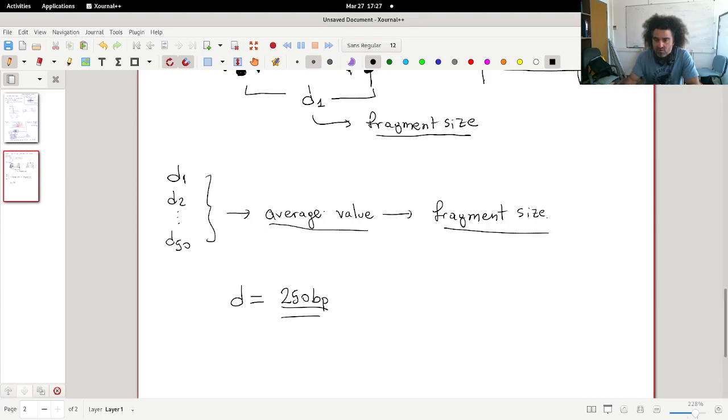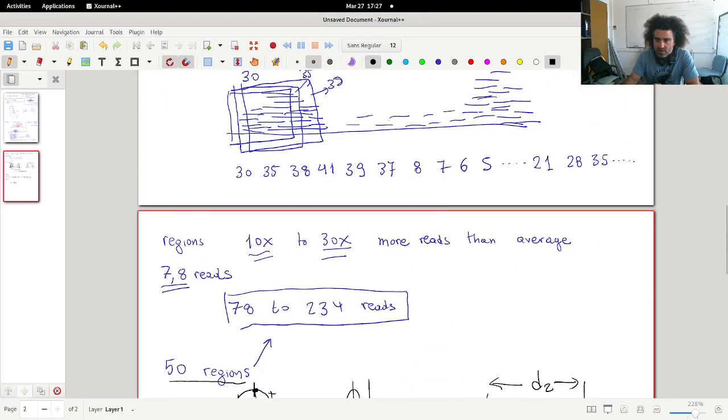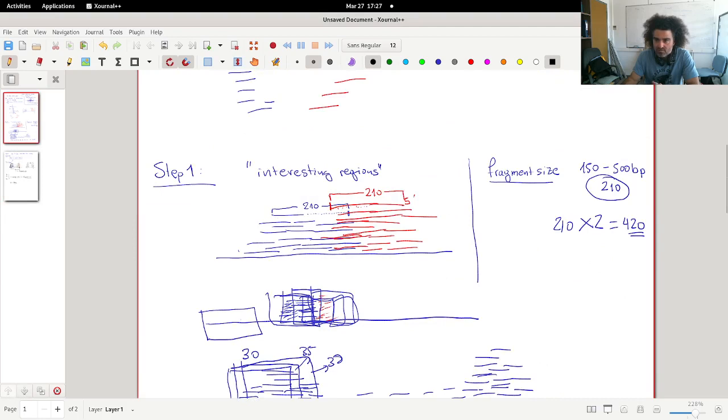So again, to sum up what we have done until now, we extended each read from the plus strand towards the 3' end until reaching the size of what we have sonicated, and let's say that this is 210 base pairs.